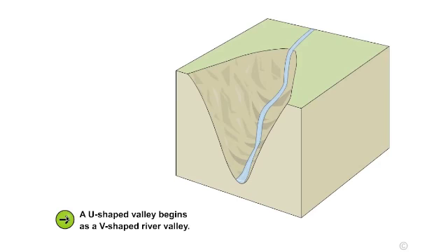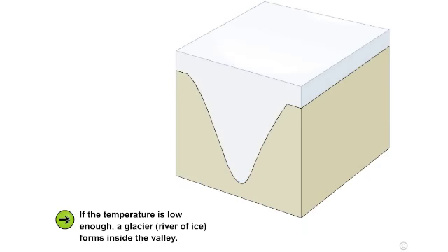What you can see here is that the U-shaped valley begins as a small V-shaped river valley. When the temperature is low enough, a glacier forms inside the valley because the river turns into ice.